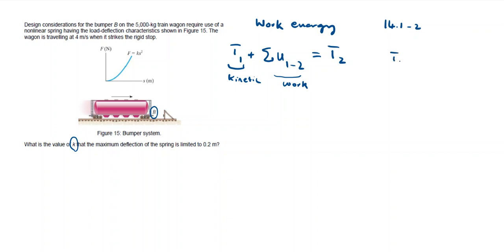So kinetic energy is half m v squared, and this U, which is the work, is F times dr, force times distance, or because here it is for the spring, it is k s squared ds.